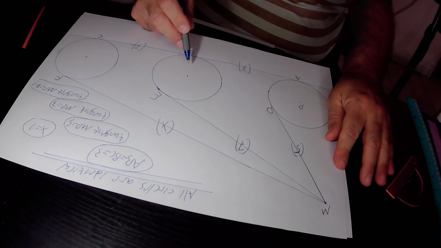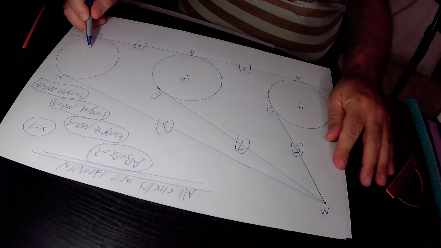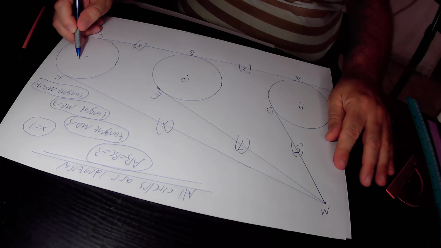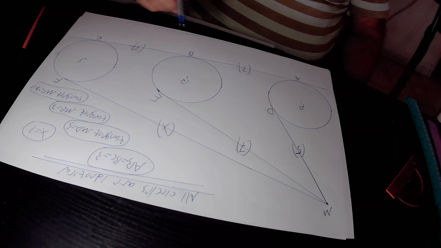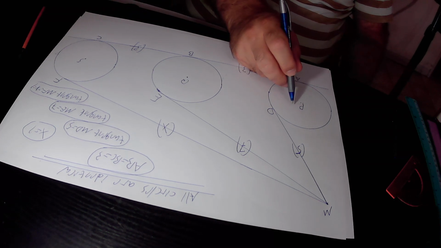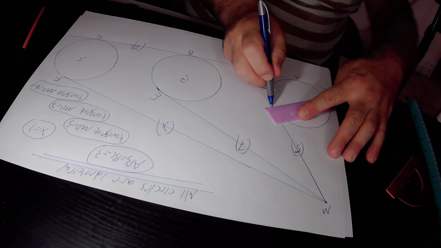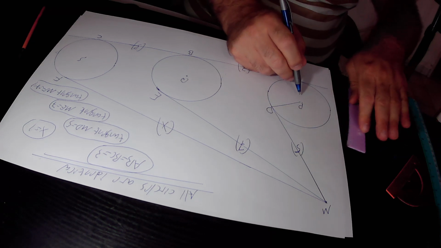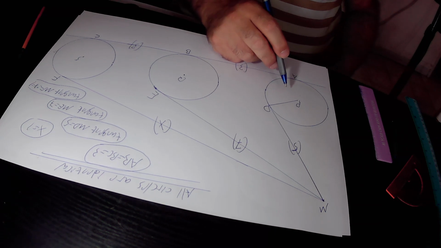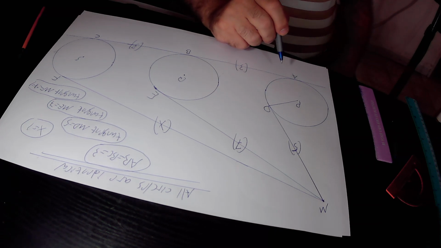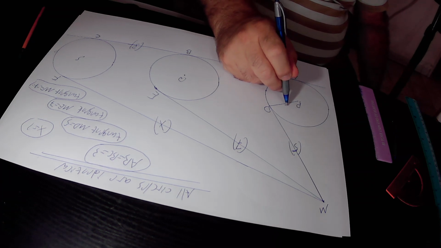This point is point Q. We define the center of this circle. This point is point S. In the next step, we join points P and D together by a straight line. Point P is the center of the circle, point D is a point on the circle itself, therefore PD is the radius of this circle. We define the radius of this circle as R, so PD equals R.